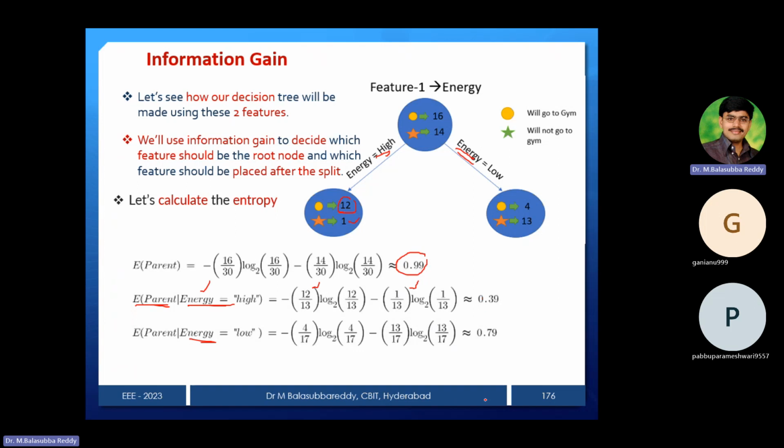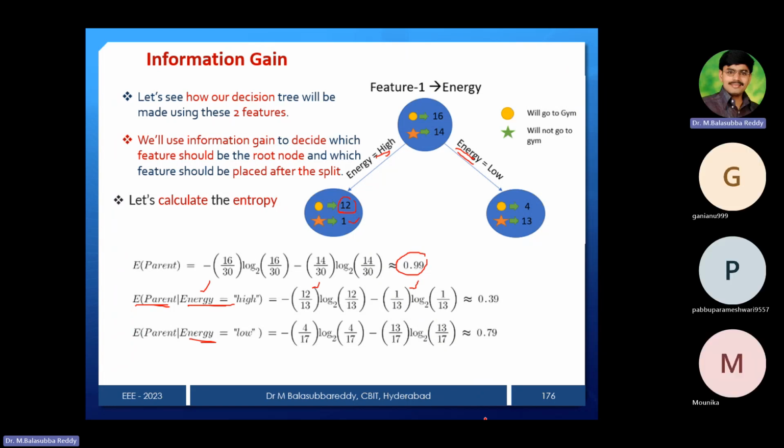Similarly, we calculate the entropy when energy is low. Same formula, you can see. Energy is low. What will happen? The total is 4 positive values and 13 negative, so out of 13 plus 4, that is 17.